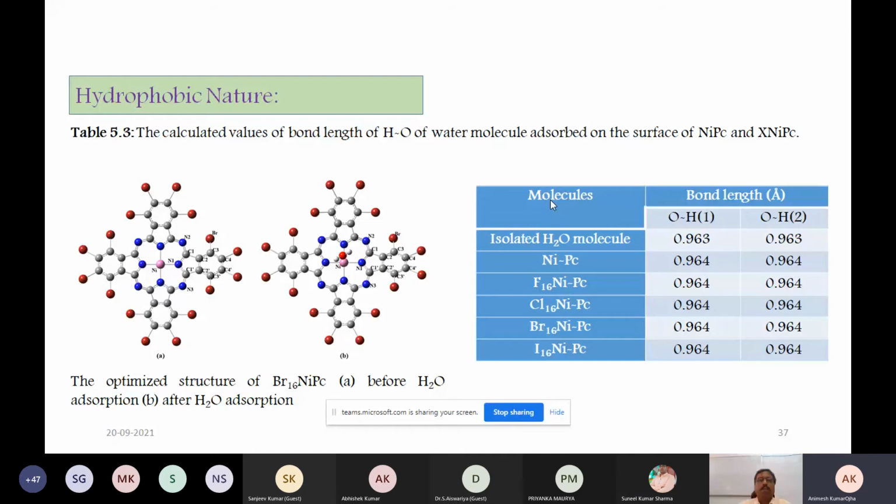This means that this molecule is not interacting with water. It has very little affinity for interaction with water, and therefore this will protect the perovskite from degradation. This way one can enhance the stability. Yeah, that's very good. Very well explained.